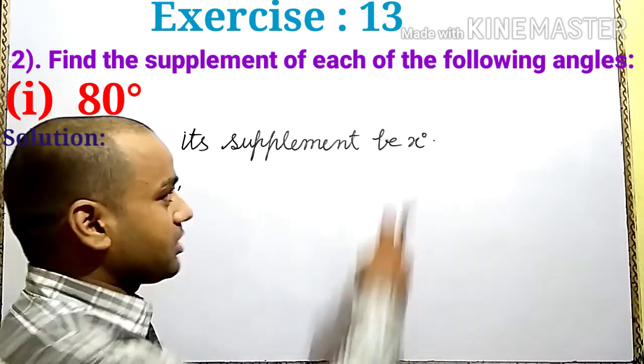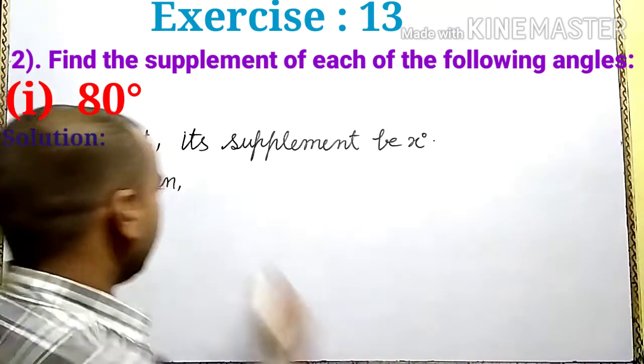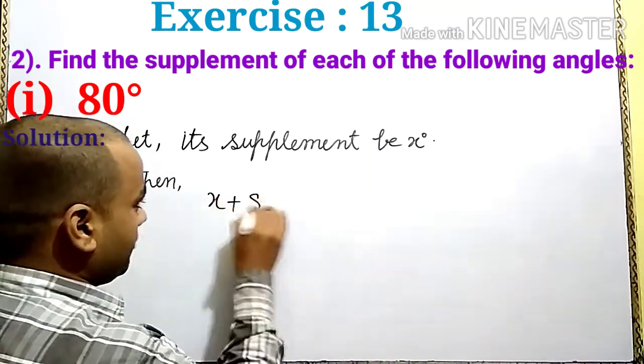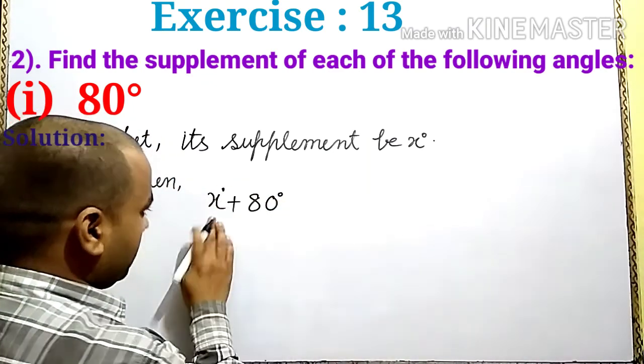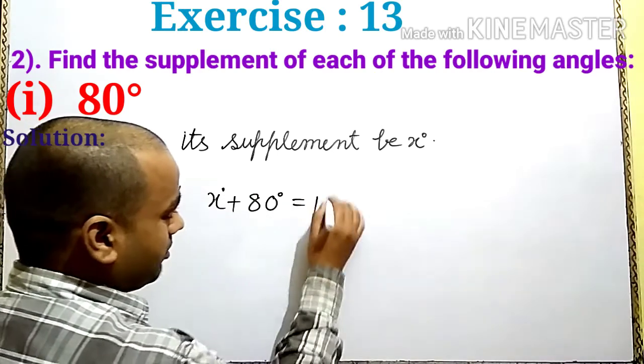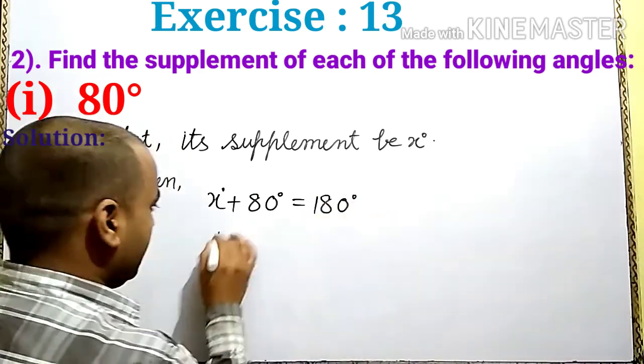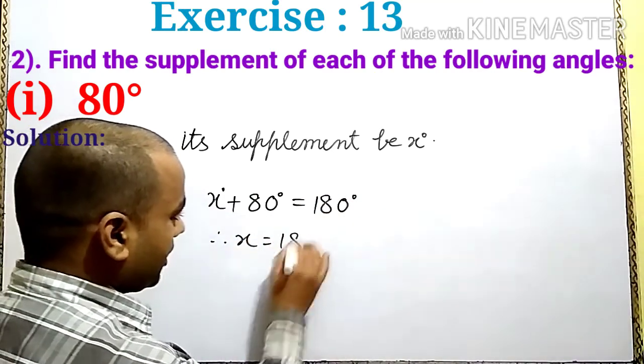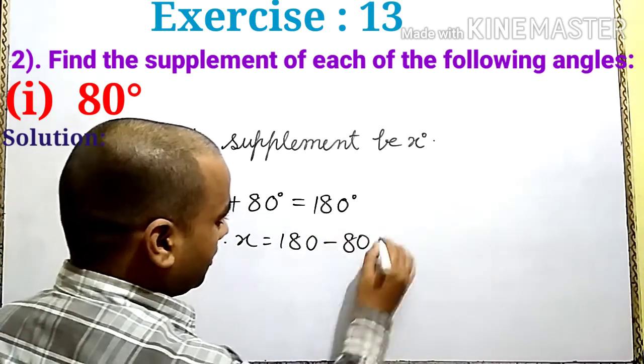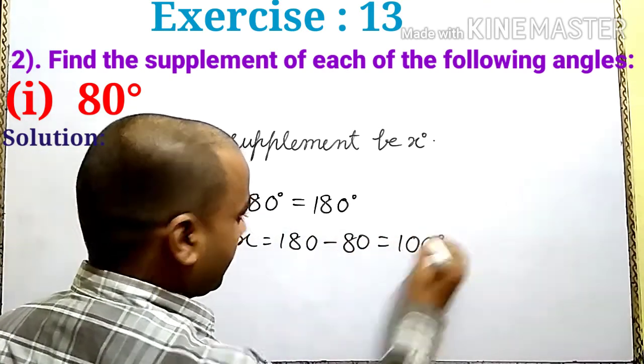So here first x degree and next given 80 degree. The sum of their measures we always write 180 degree. Therefore x is equal to 180 minus 80 is equal to 100 degree.